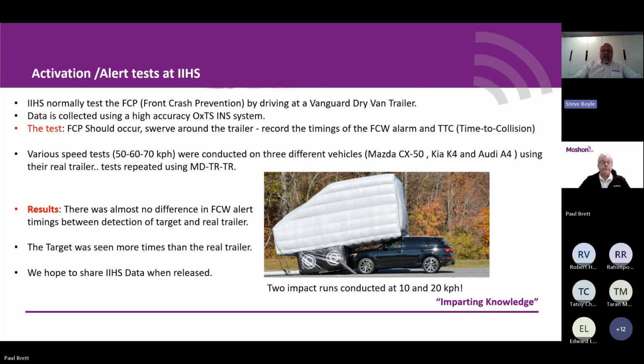The next thing was to look at what happened when we impacted it. We did a 10 and 20 kph impact, just to see how it reacted. The first one was a bit slow, actually, so I had to do it again at 20. We were just fine with the results of that.